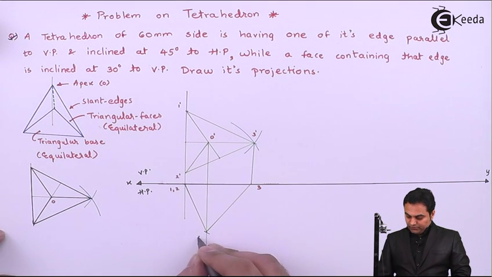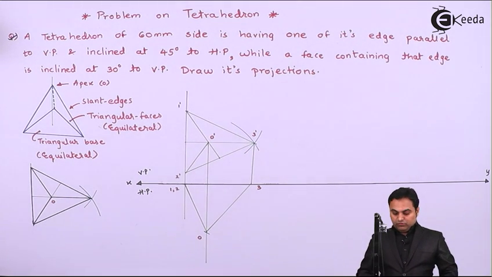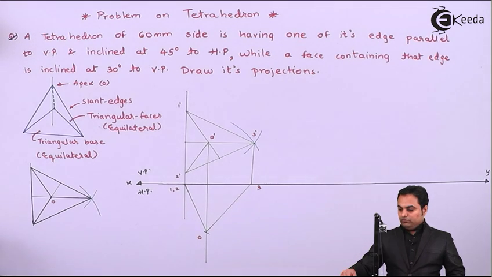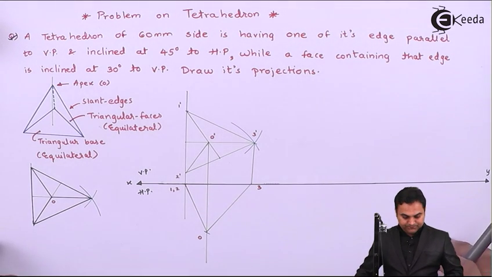So this gives me point O. Now after drawing the front view and top view, I'll make it dark.